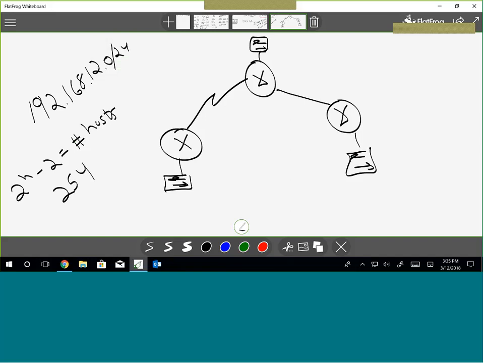We have an issue because I need a network here, here, here, here, and here. So I need 1, 2, 3, 4, 5. I need 5 networks.